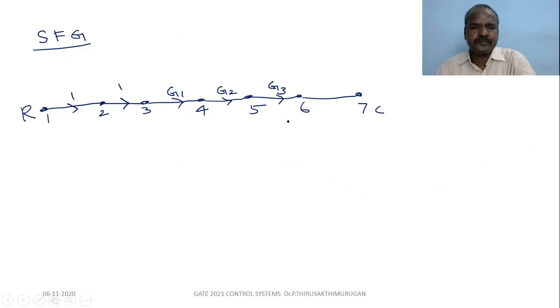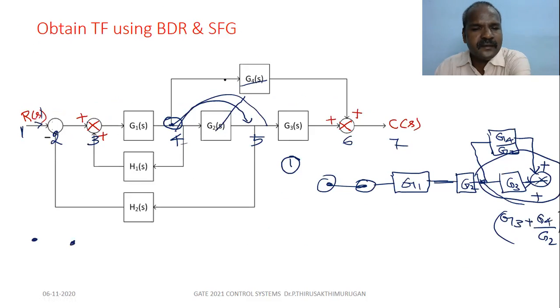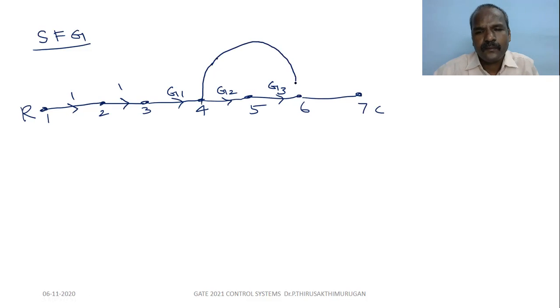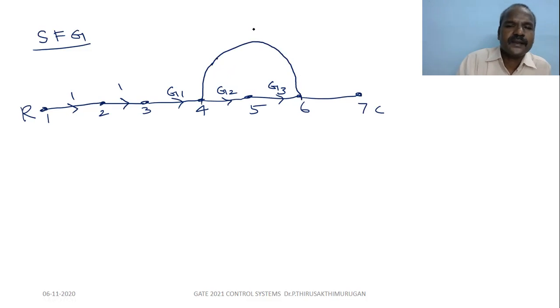Then between 4 and 6 there is a feed forward gain, so G4.